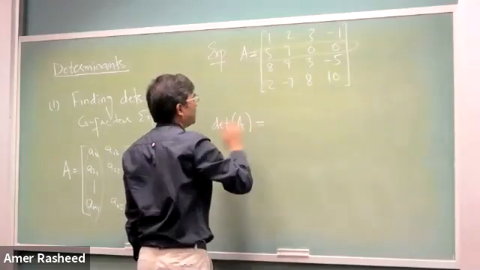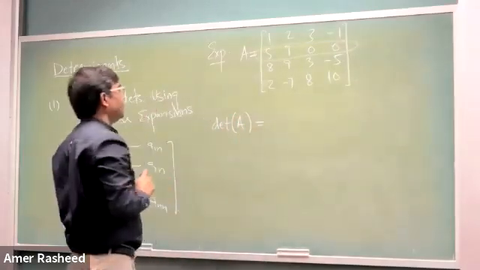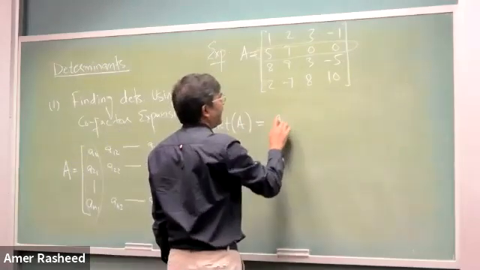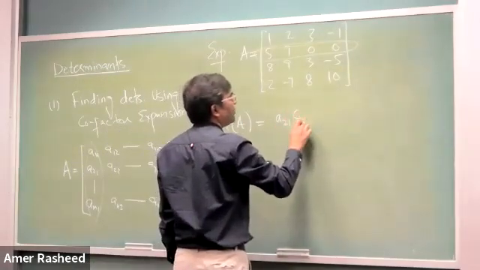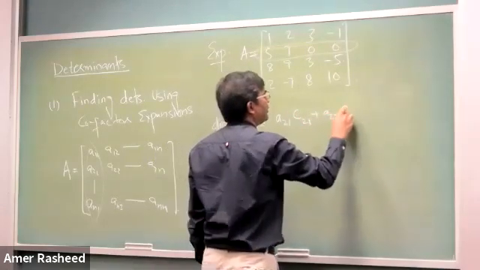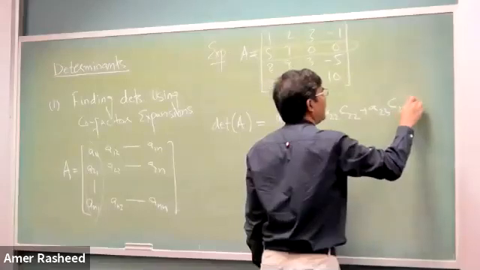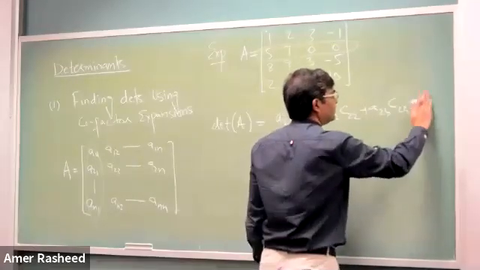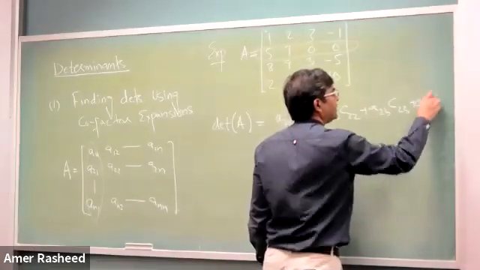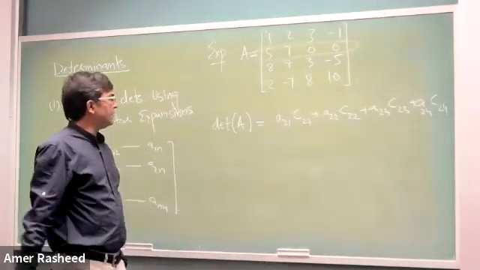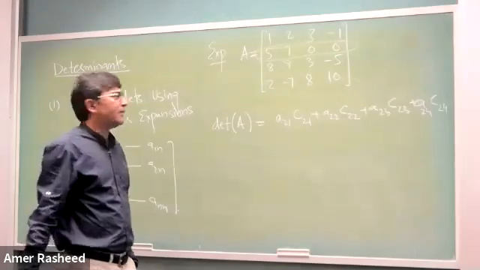So what is the cofactor expansion with respect to the second row? It is basically a21 c21 plus a22 c22 plus a23 c23 plus a24 c24. Why do I prefer the second row?